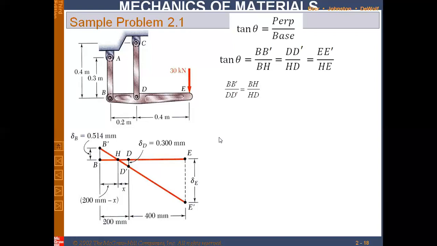So considering this part of the equation, I am bringing this term on this side of the equation, and bringing BH on the other side of the equation. So utilizing that equation, B B dash is delta B, which we have already calculated. D D dash is delta D, which we have already calculated.